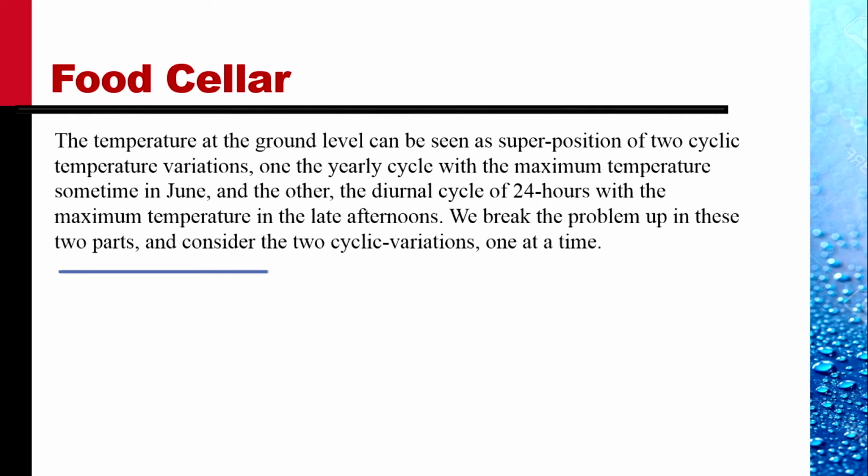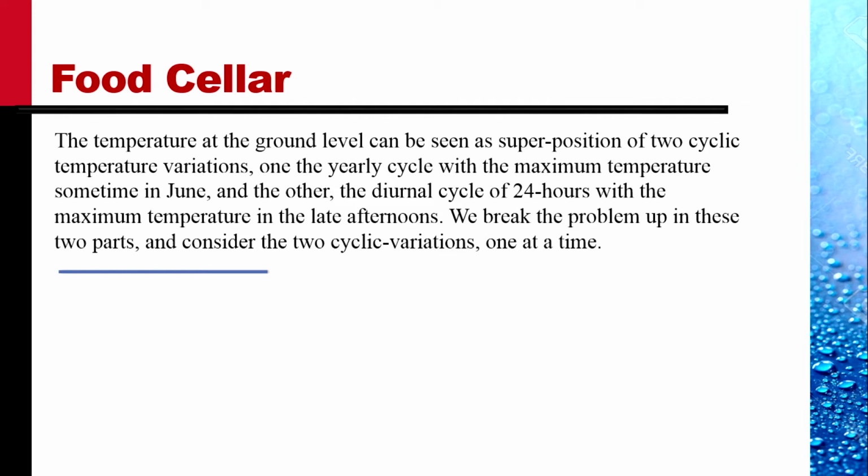The temperature at the ground level can be seen as a superposition of two cyclic temperature variations. One, the yearly cycle with the maximum temperature sometime in June, and the other, the daily cycle of 24 hours with the maximum temperature in the late afternoon. This is for the northern hemisphere.